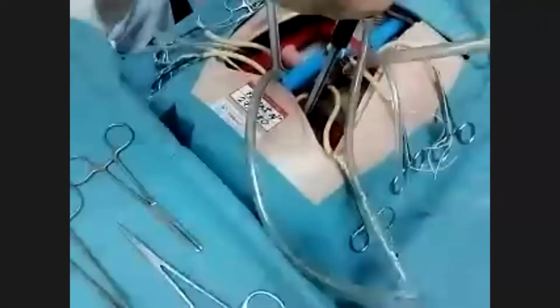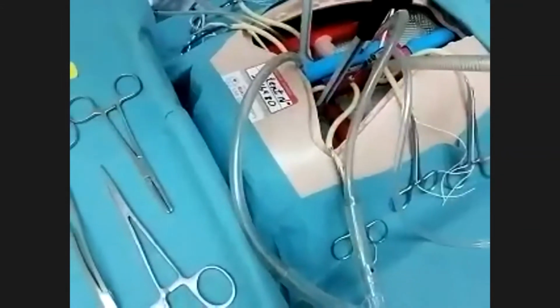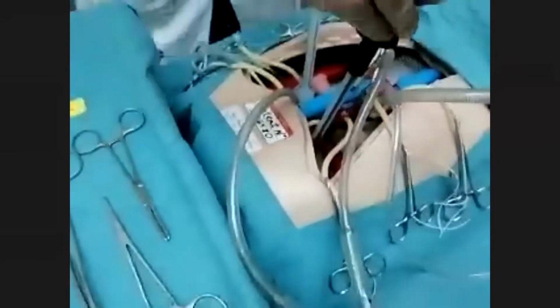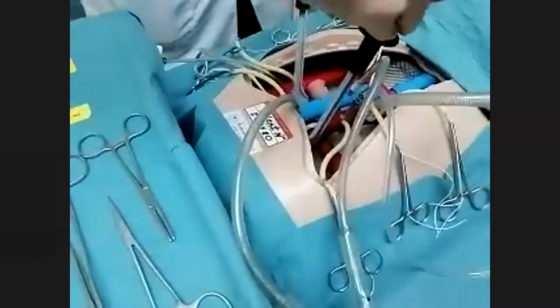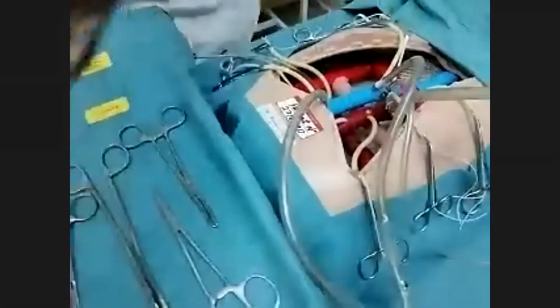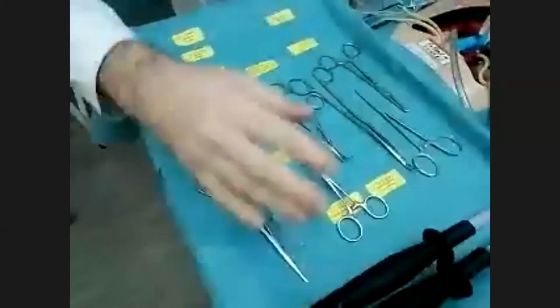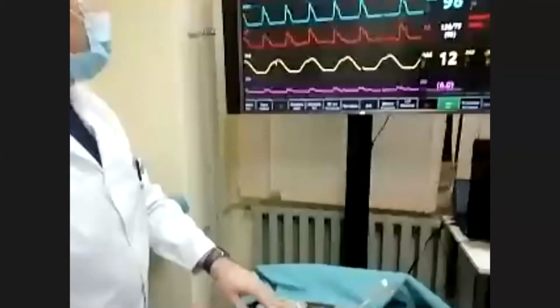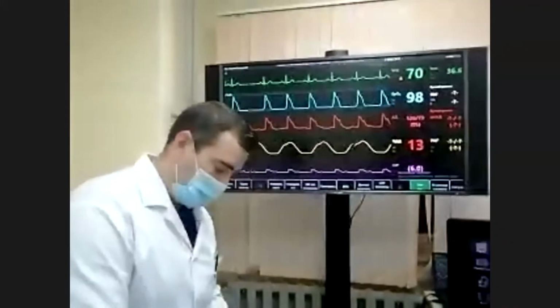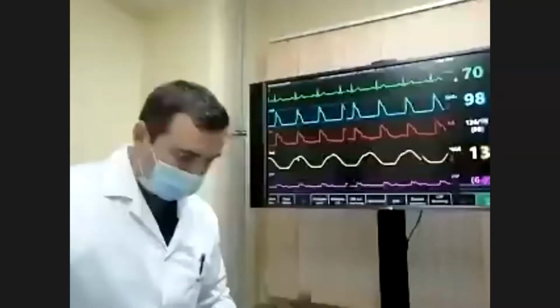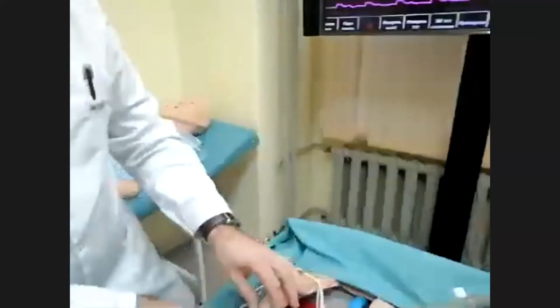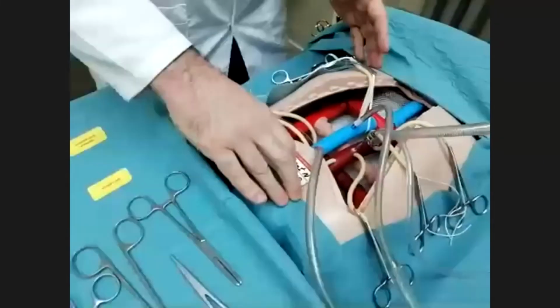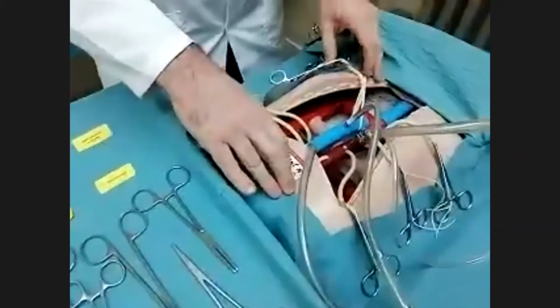Clear. Clear. Okay, thank you very much. Clear. Okay. Discharge. And then we check the rhythm again, and we see the sinus rhythm, and after that we perform the procedure of weaning from cardiopulmonary bypass.